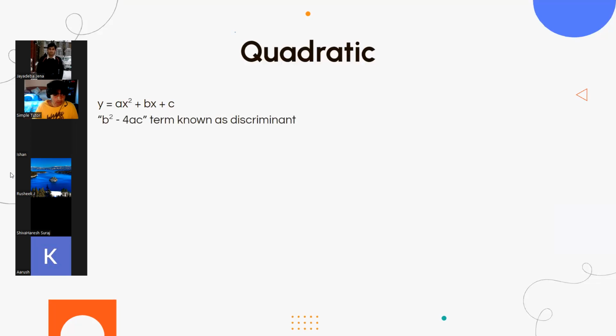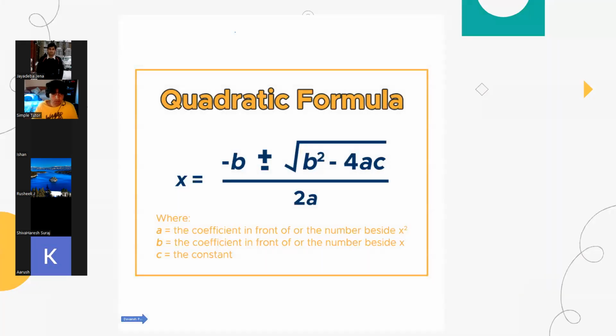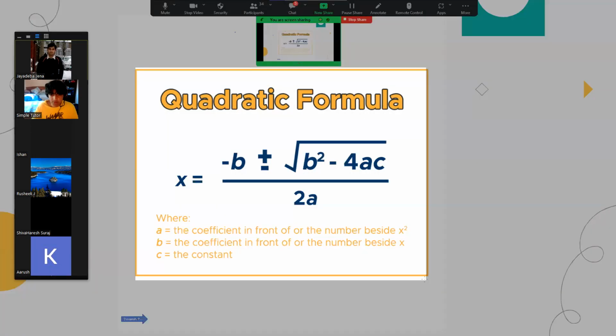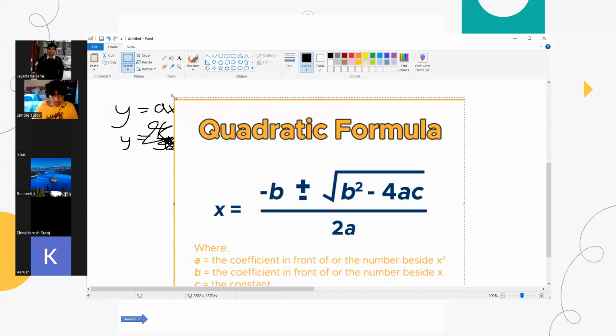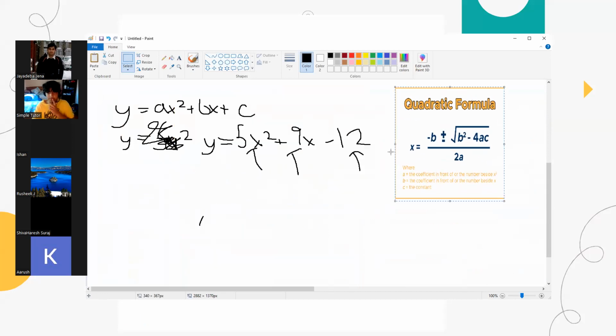Looking at our quadratic formula, I can simply plug in the values that I'm given.